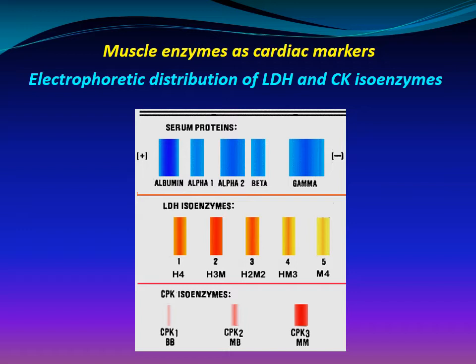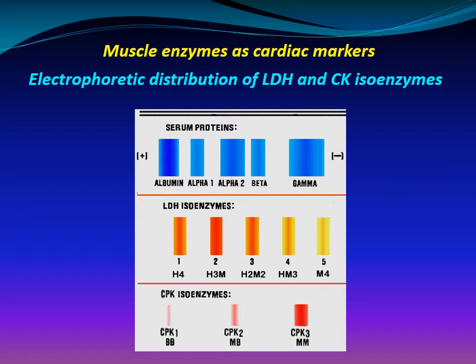Myocardial infarction is characterized by a predominance of the LDH1 band. The change from the dominance of the LDH2 band in normal serum to dominance of the LDH1 band is called LDH flip, and its occurrence is considered diagnostic of myocardial infarction.